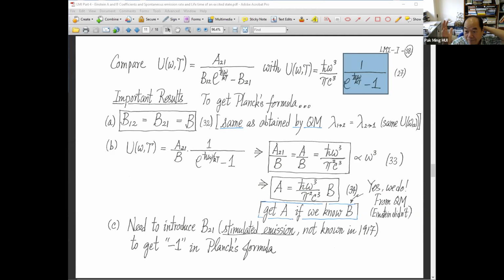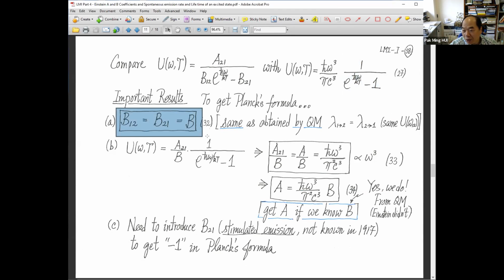Okay? Now there are some brilliant things here. In order to get Planck's formula, we need B12 equals B21, we can represent it by a single B, all right? That is right even in Schrödinger's quantum mechanics.